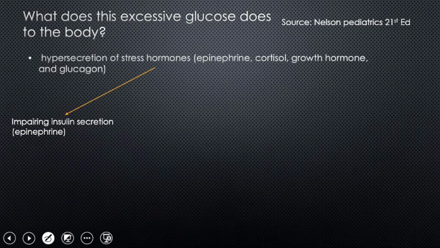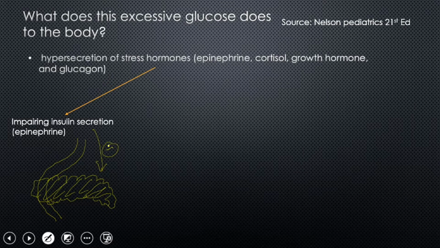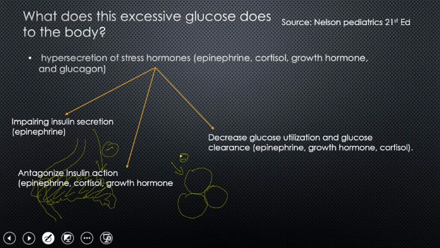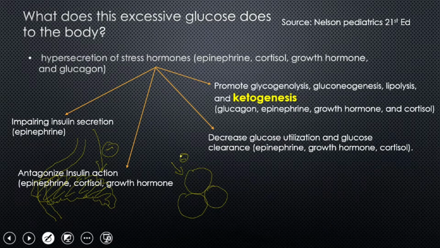They are mainly inhibition of release of insulin from the pancreas, antagonizing insulin action on the cells, decreasing glucose utilization and glucose clearance, and promoting glycogenolysis, gluconeogenesis, lipolysis and ketogenesis.